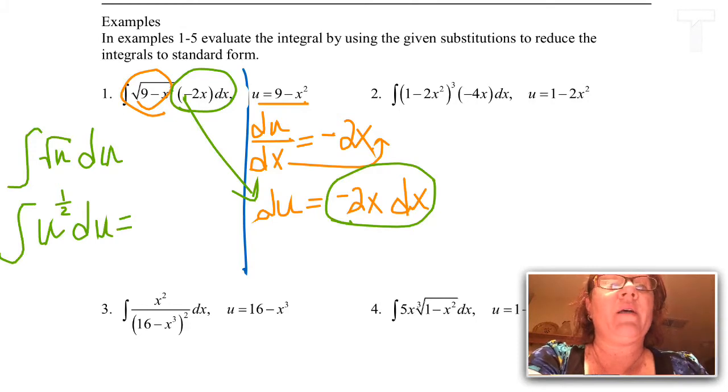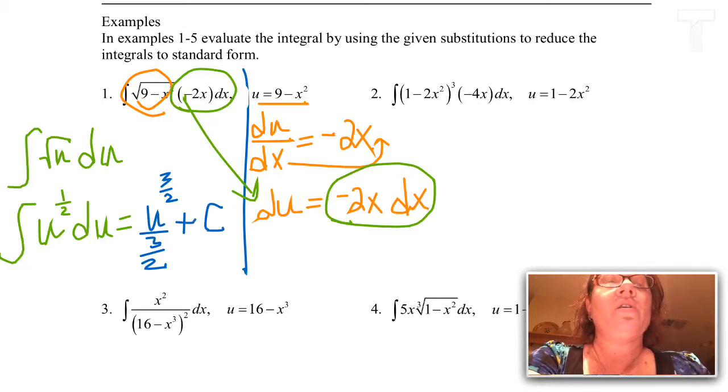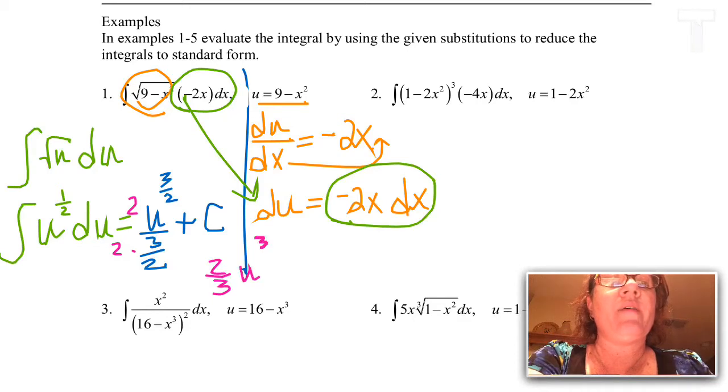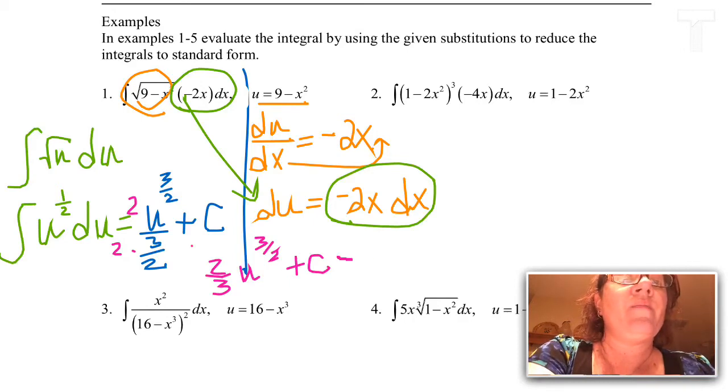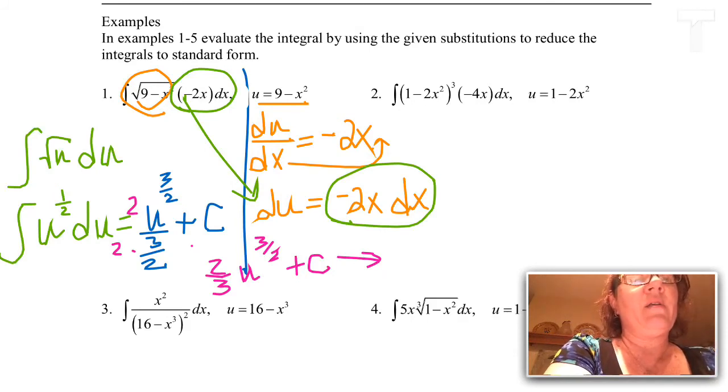I'm going to power it back up. So I'll have u to the 3/2 and divide by 3/2. And of course, since it's indefinite, don't forget my vitamin C. And if I simplify that properly, I'll multiply each top and bottom by 2, so I'll have 2/3 u to the 3/2 plus C. And then I can put what u was back in.